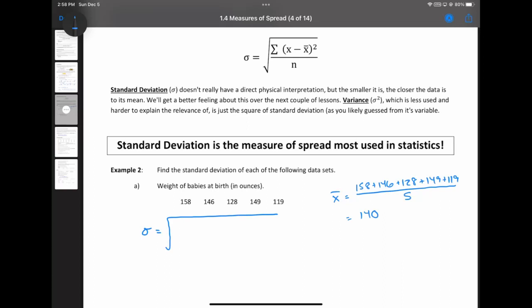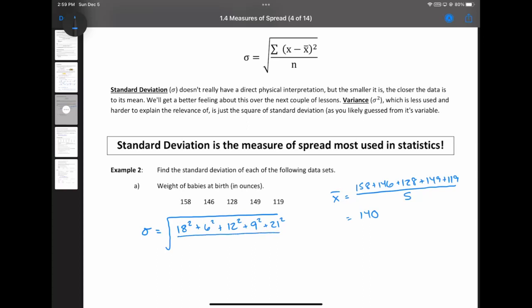So the first one, 158, is 18 away from 140. The second one, 146, is just 6 away from 140. The third one, 128, is 12 away from 140. To be really technical, it's minus 12, but since I'm about to square it anyway, I'm not even going to bother writing down the negative. 149 is 9 away. And 119 is 21 away. Same thing, it's a negative, but it's about to be squared.